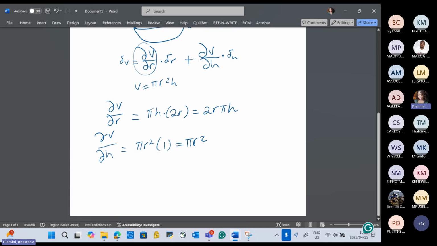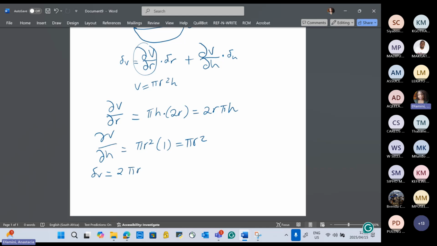Okay. So now we go and substitute. We say the change in V is equal to, we know this is 2 pi RH times the small change in R plus pi R squared times the small change in H. So let's remove the pi outside, so we remain with 2.